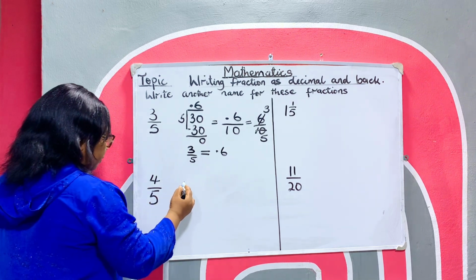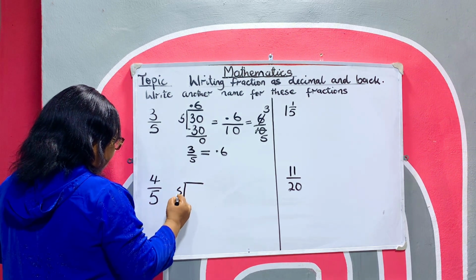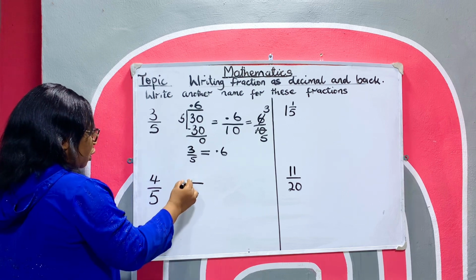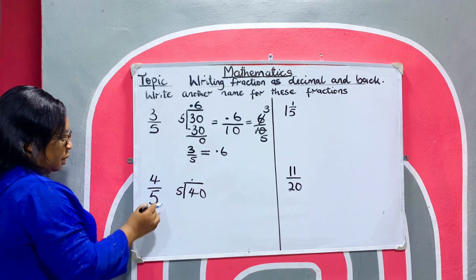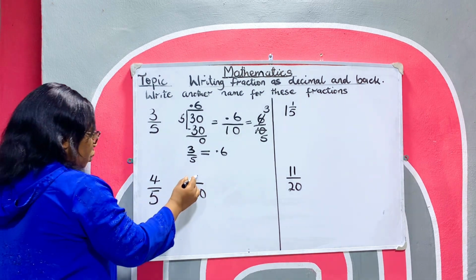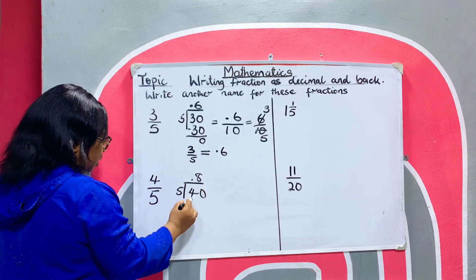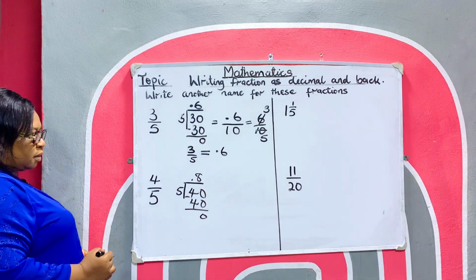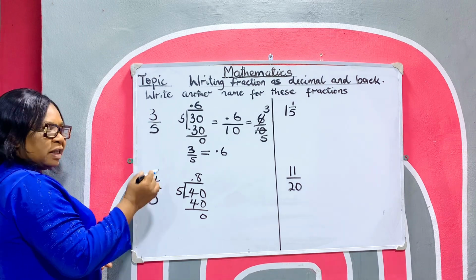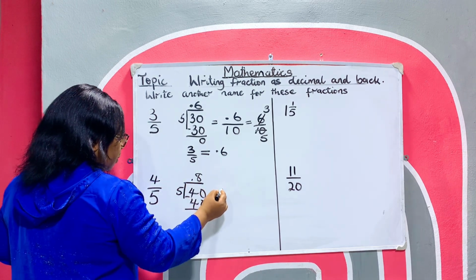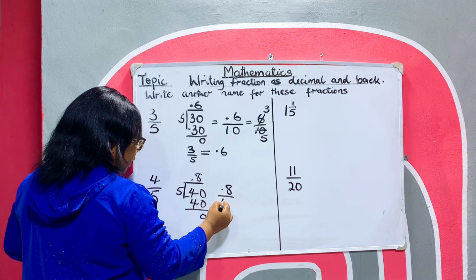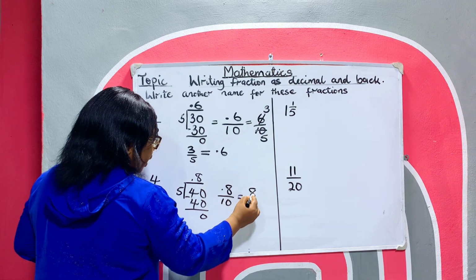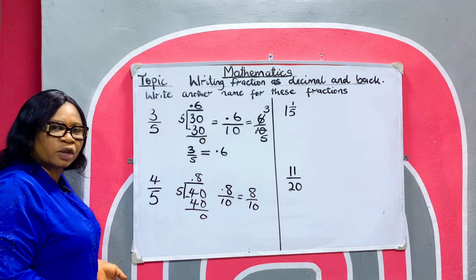Let's look at this one, 4/5. It cannot go. We put decimal and add 0. 5 dividing 40 will give us what? 8. 5 times 8 will give us 40. Minus it is what? 0. So 4/5 is the same thing as 0.8. When this takes 1, it is now 8/10.